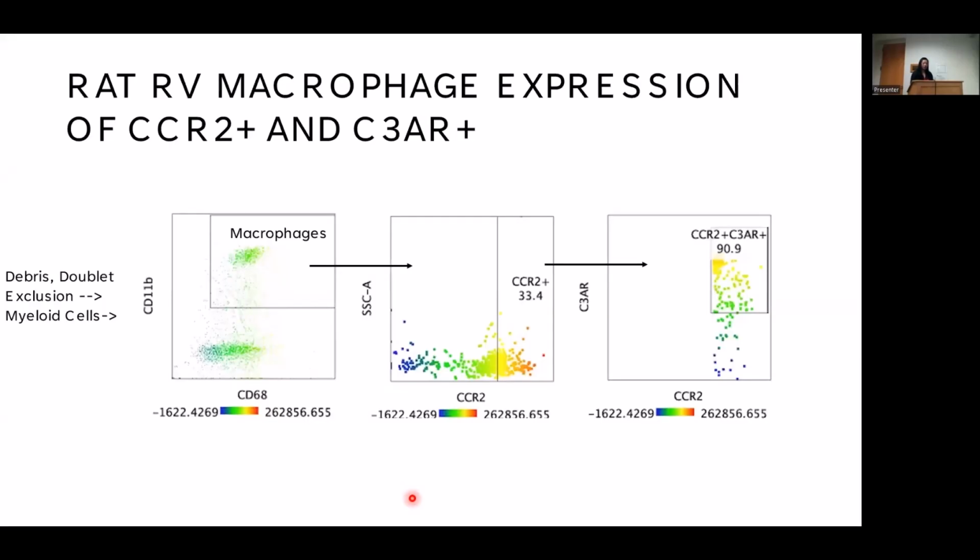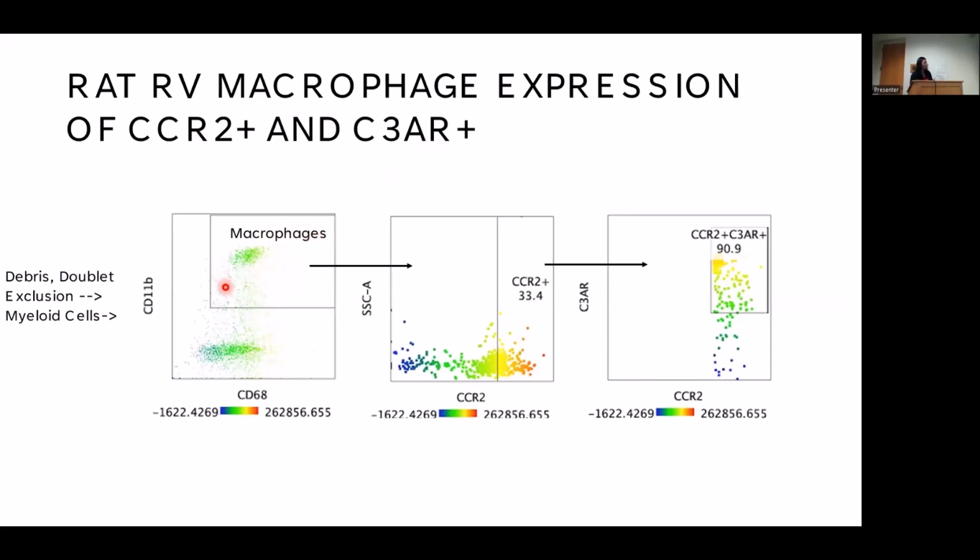And then the interaction of the complement system with macrophages, as I said, is through the receptors that we know are expressed on the macrophage surface. So the rat RV macrophage does express C3aR in high quantities.